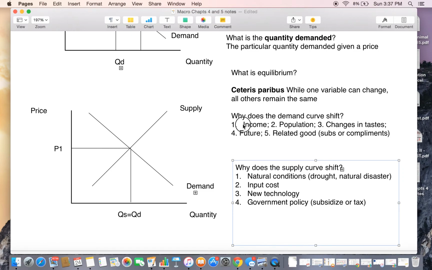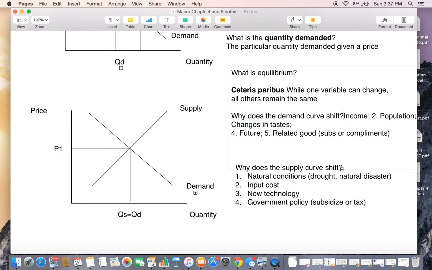So if somebody writes in a question about people who are all of a sudden really into hoverboards, and you look at the variety of options you have: does this have to do with income or population or future expectations? Does it have to do with related goods or government policy? To me, that says changes in tastes and preferences. People are arbitrarily demanding these hoverboards.